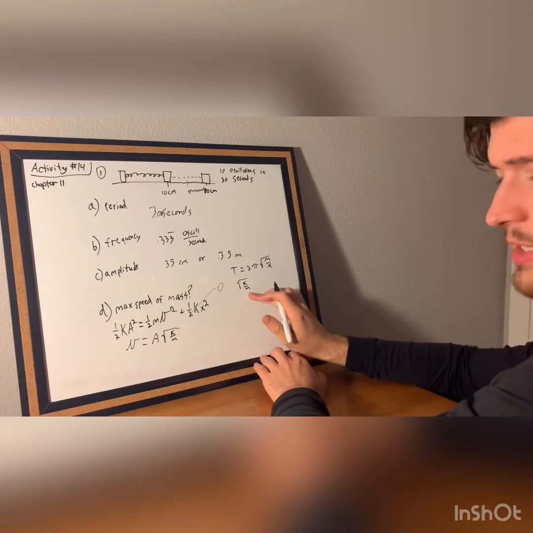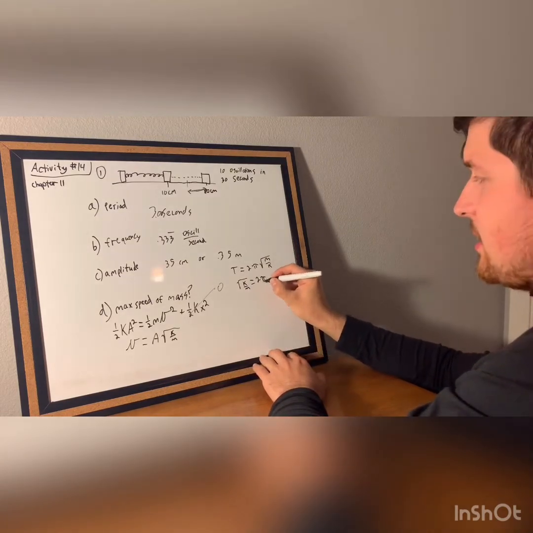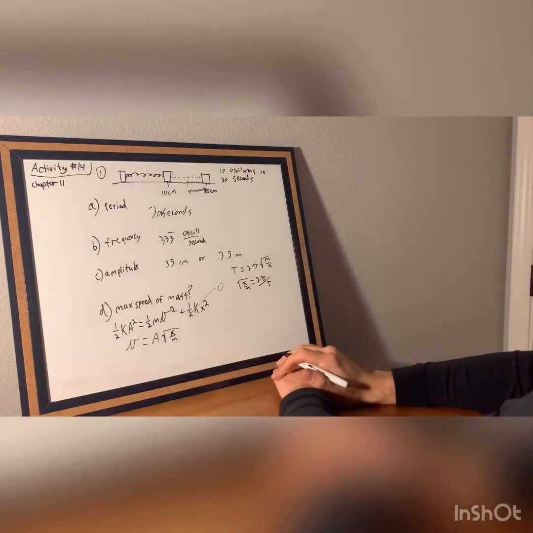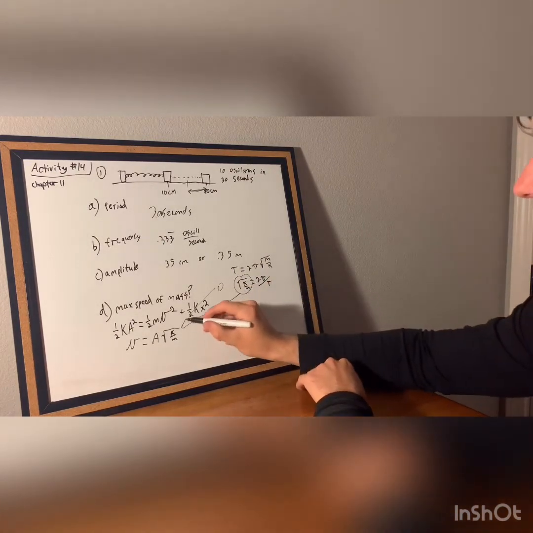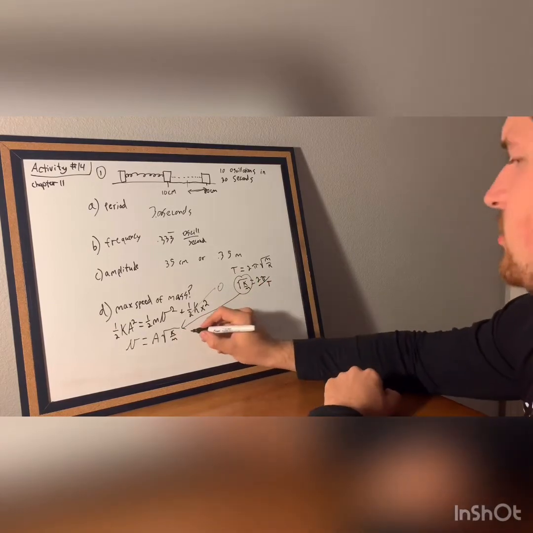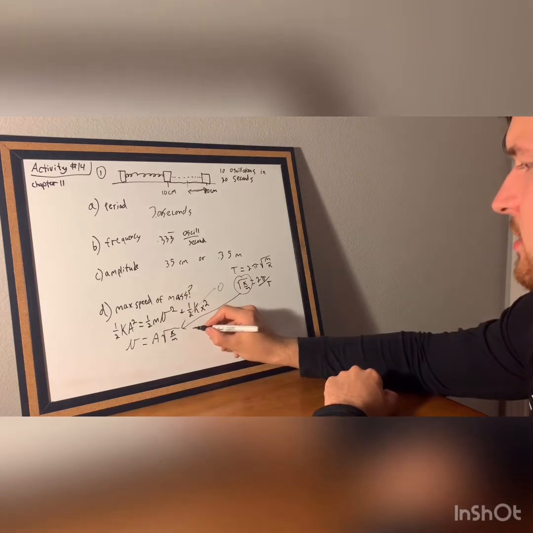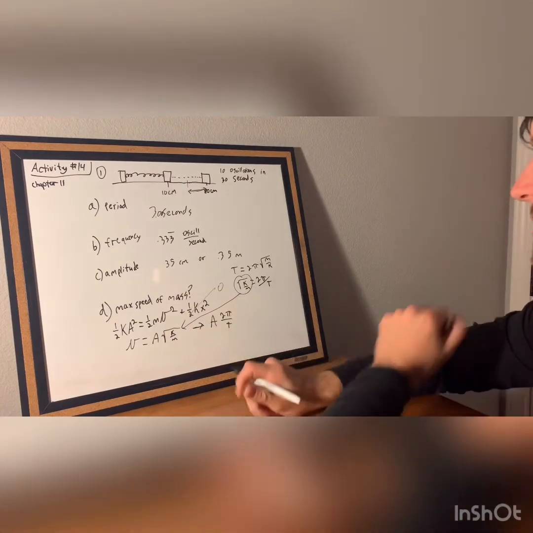And when you rearrange it, you get square root k over m equals 2 pi divided by T. So you see this matches up right there. So we replace square root k over m with 2 pi over T. So this goes to amplitude times 2 pi divided by T.